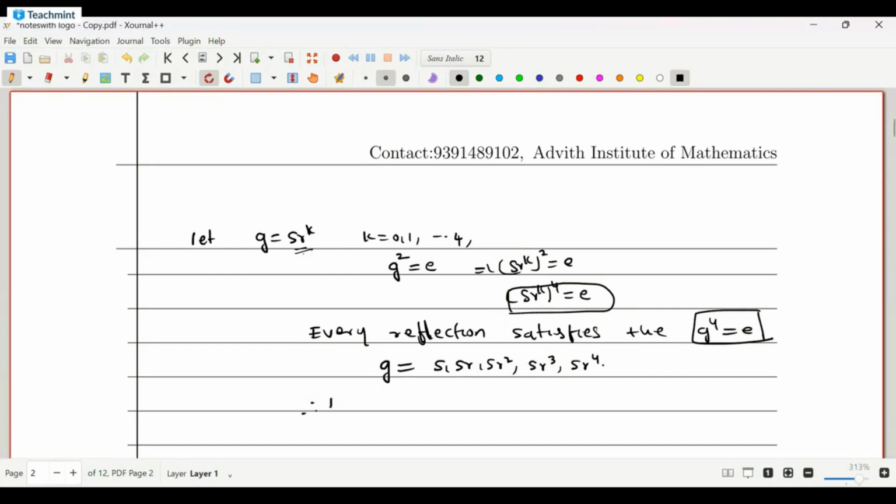So therefore number of homomorphisms equal to 1 plus 5 equal to 6.